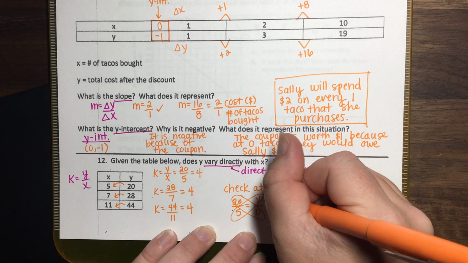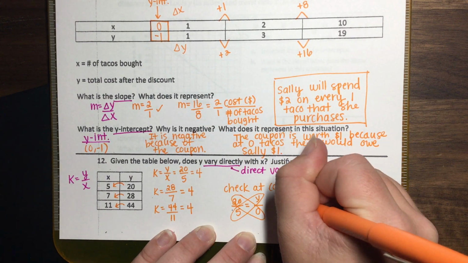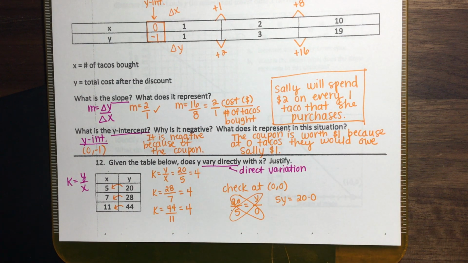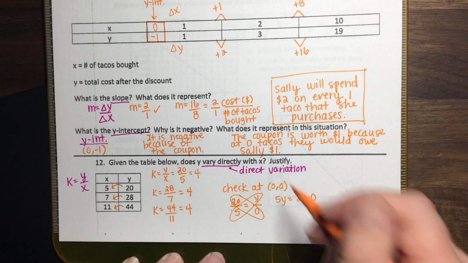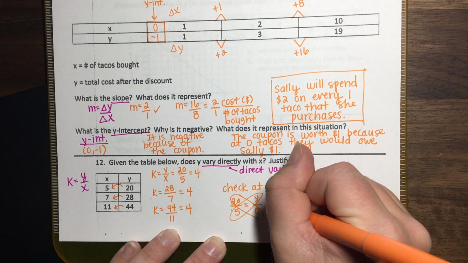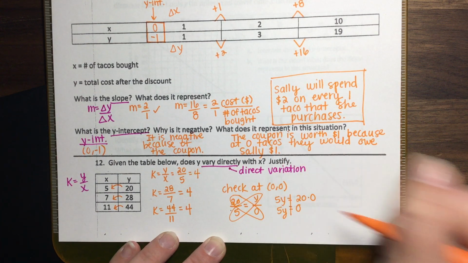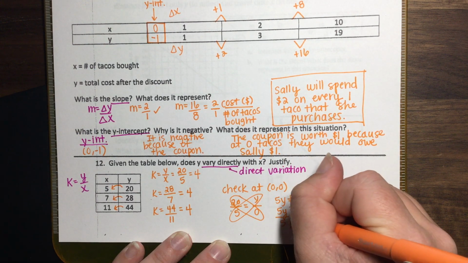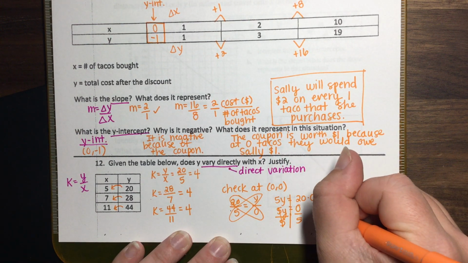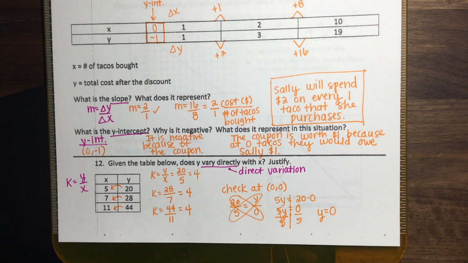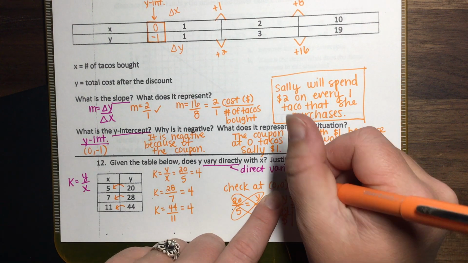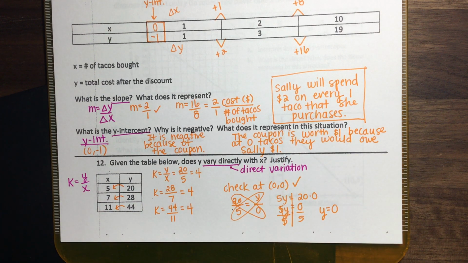I get 5 times y, which is just 5y, and I get 20 times 0, which is just 0. On the other side I still have 5y. To simplify, I divide by 5 on each side, so y equals 0. So my x was 0 and my y was 0, which means it does go through the point 0, 0.